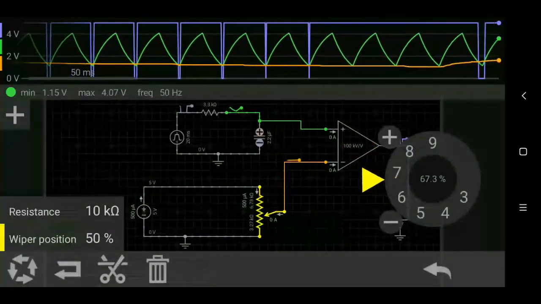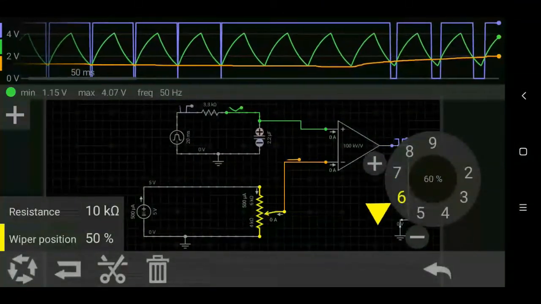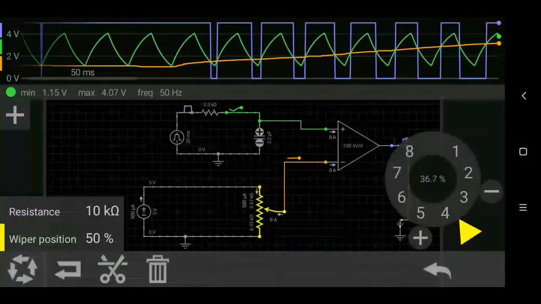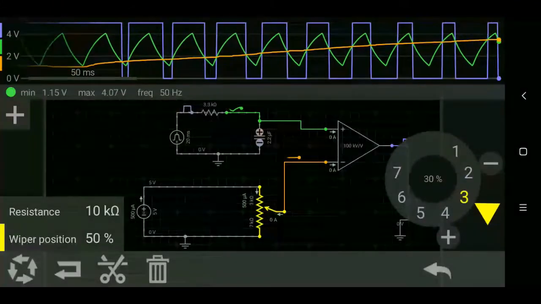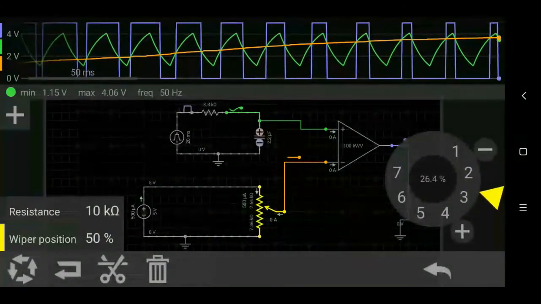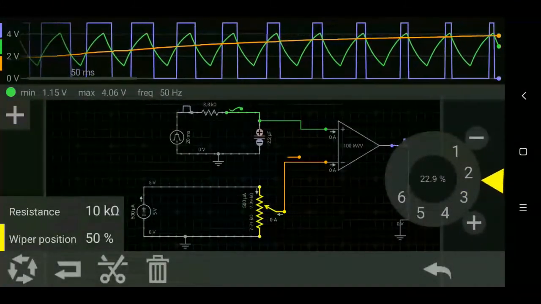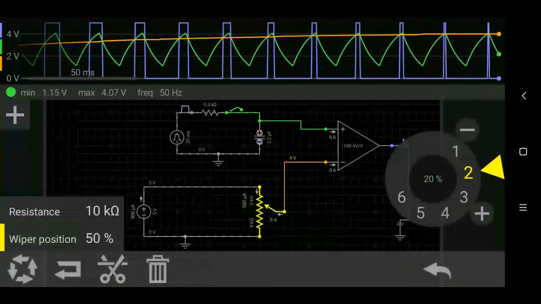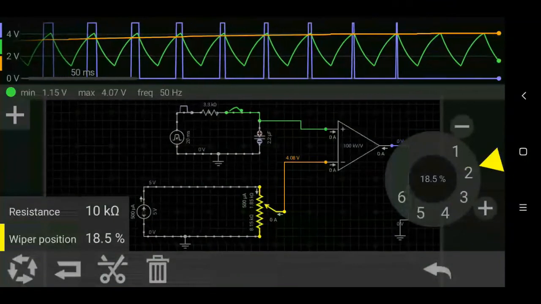And now we will go on increasing the voltage, and you can see that the duty cycle is starting to fall, and now it's nearly 0%. Yes, now it's 0%.